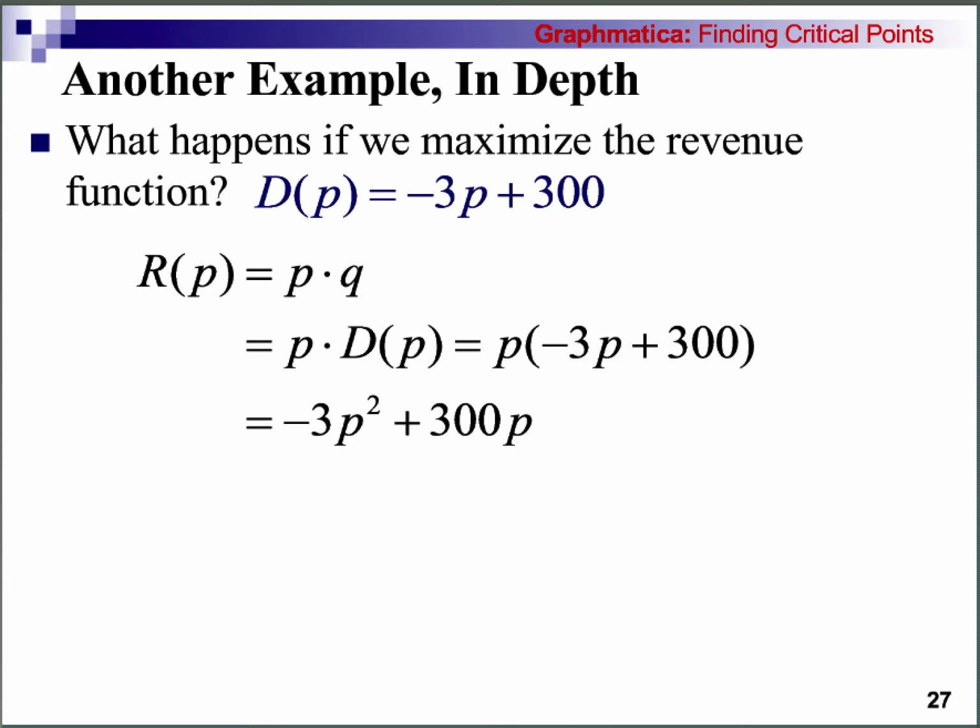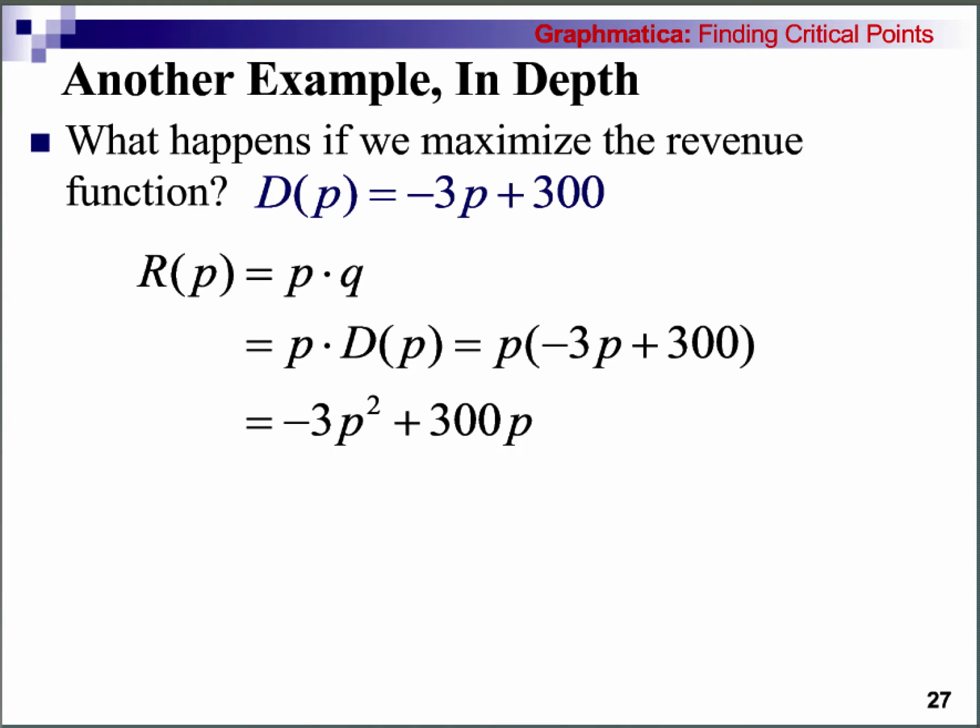So let's go back and build our revenue function. Revenue as a function of p, because we're letting p be our independent variable here in this topic, is equal to price times quantity. But price times quantity is the same thing as price times d of p, or price times demand.